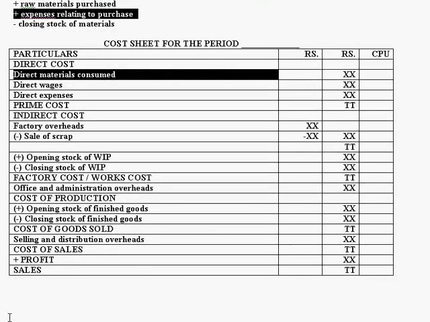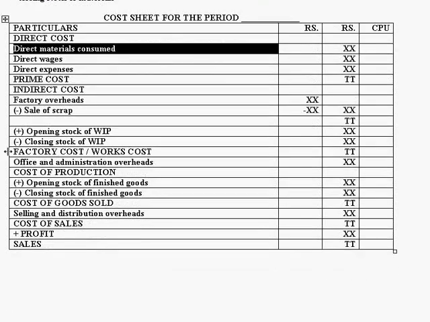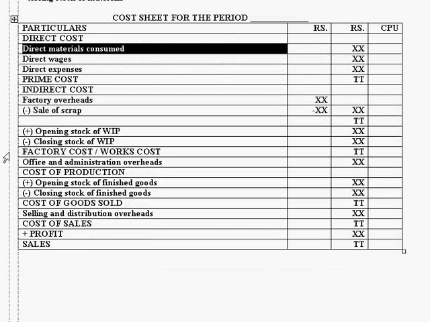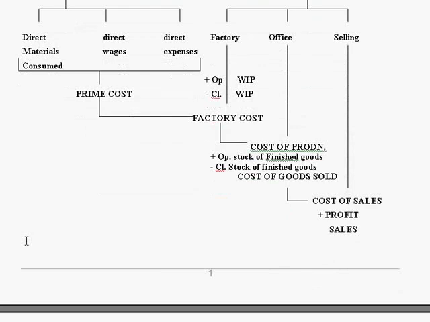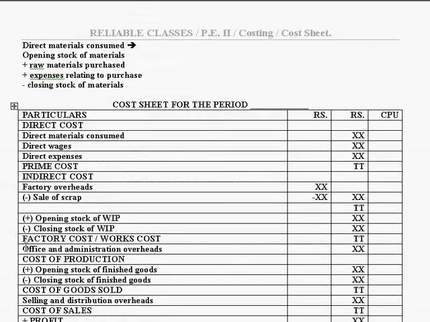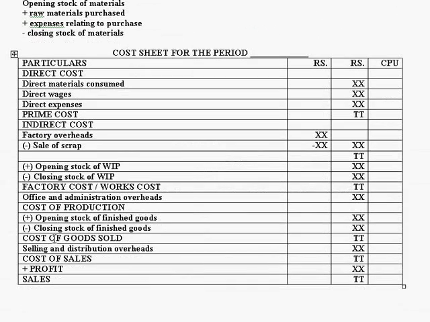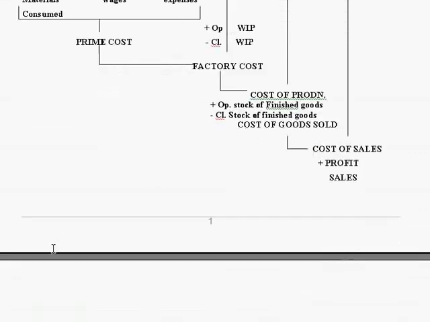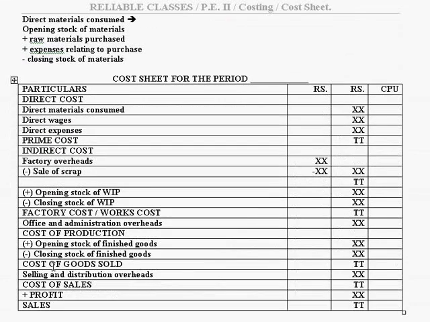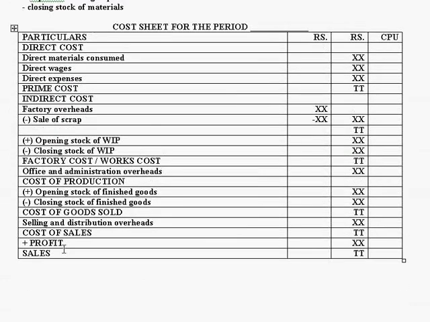But suppose that expense has been incurred on what? Raw material purchased. I'm sorry, finished goods purchase. In that case, you will show it along with finished goods purchase after cost of production. Is that very much clear?